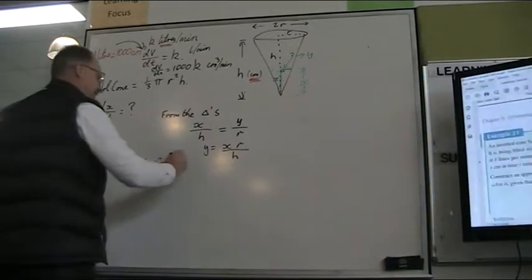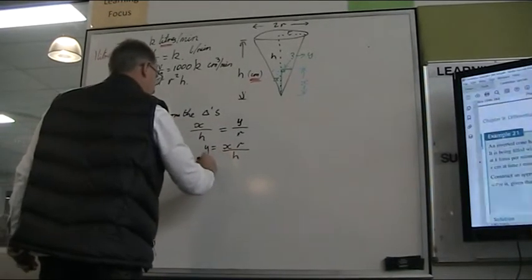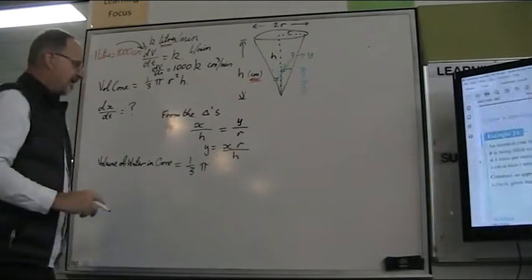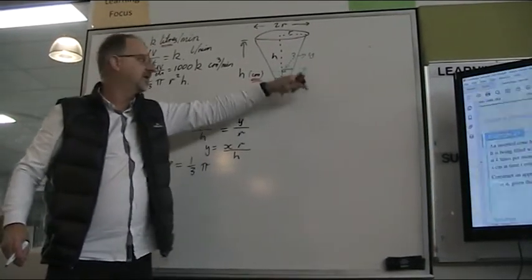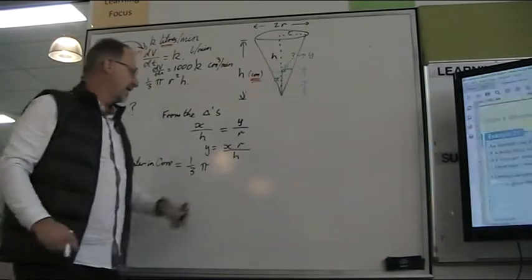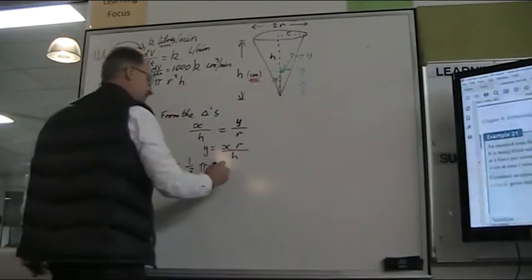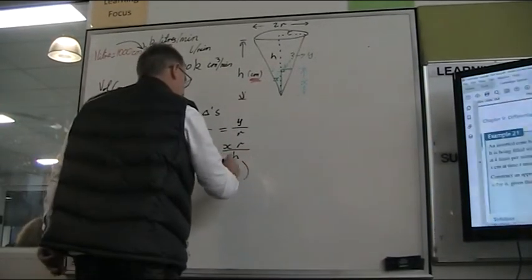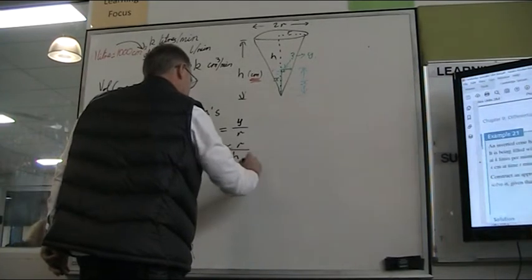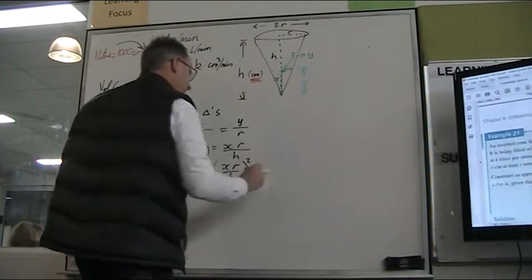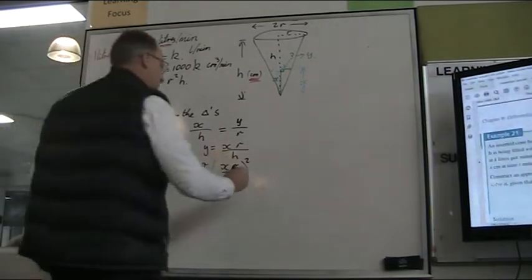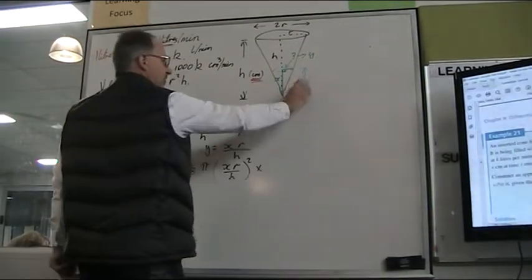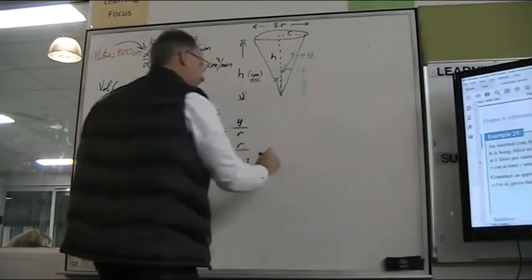It will be a third pi, now the radius at this depth x is y, which is x r on h, squared, times the height, and the height of the water at that time is x, of course.